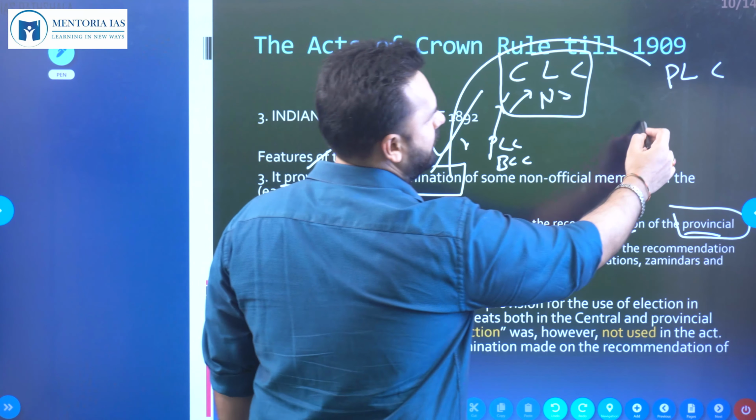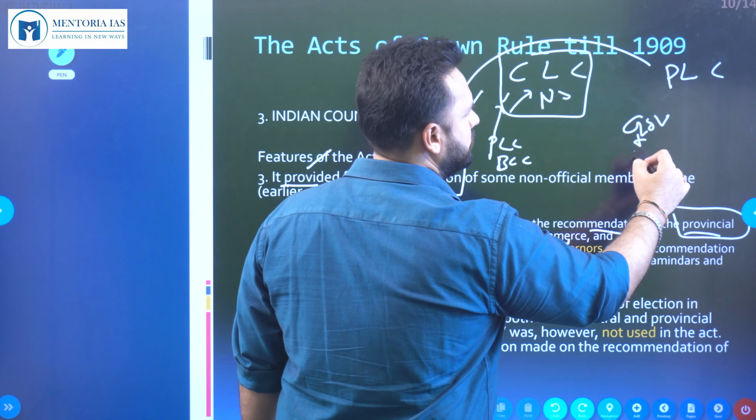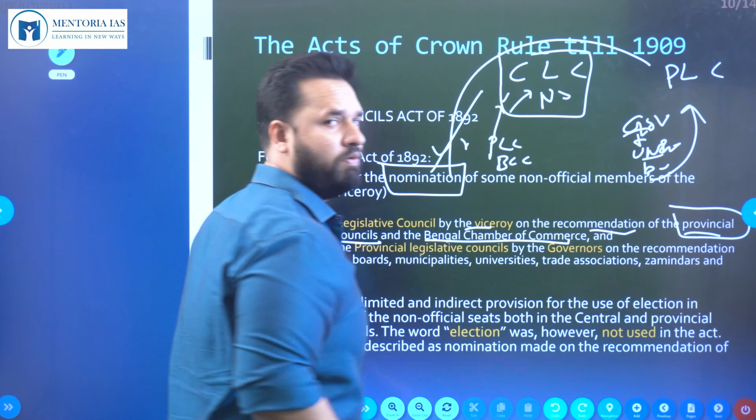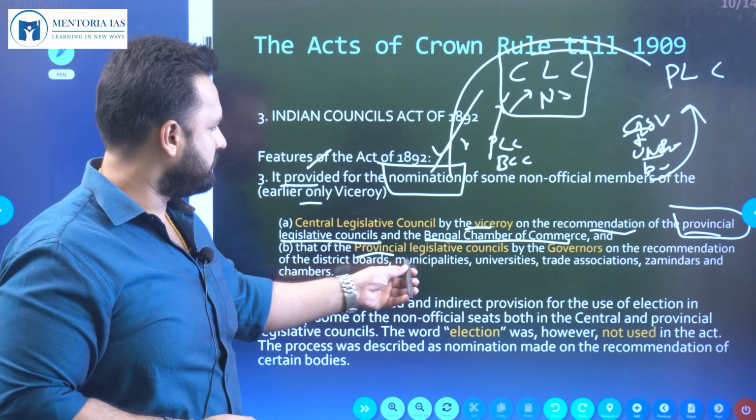Similarly, the Governor can recommend, plus universities and businesses can recommend to the Provincial Legislative Council. That is what is mentioned here.